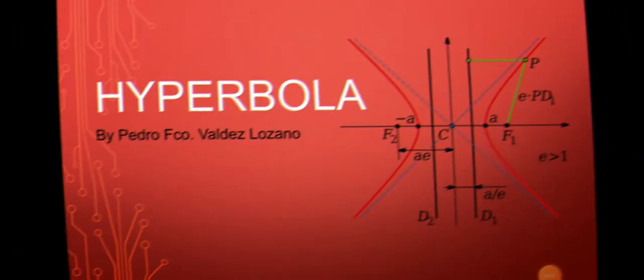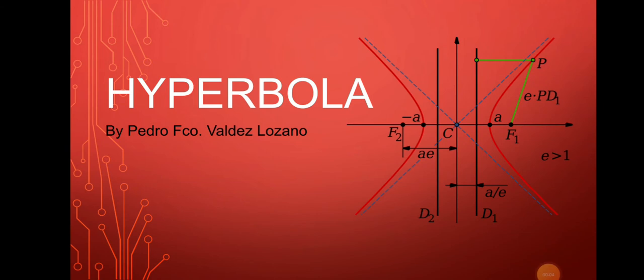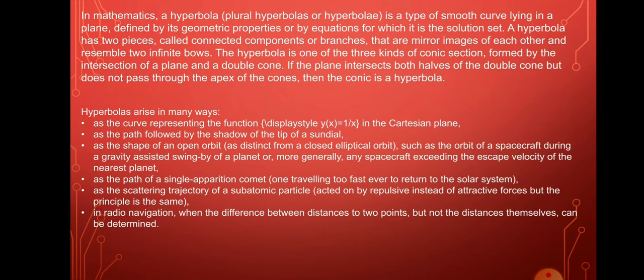I am Pedro Valdelozano, and I am going to talk about the hyperbola. In mathematics, a hyperbola, plural hyperbolas or hyperbolae, is a type of smooth curve lying in a plane, defined by its geometric properties or by equations for which it is the solution set.